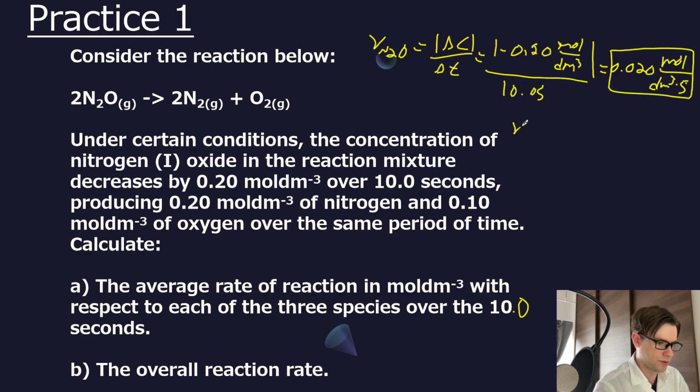Okay, let's do the next one, N2. But N2 and N2O have the same mole ratio, so this will be essentially the same, but instead of disappearing, N2 is produced, so this is positive. Doesn't really matter though, because we're taking the absolute value.